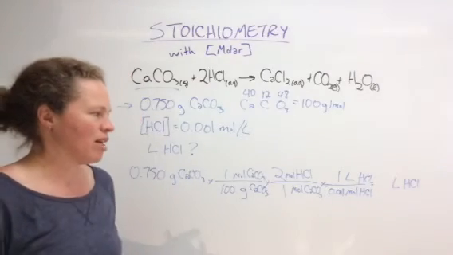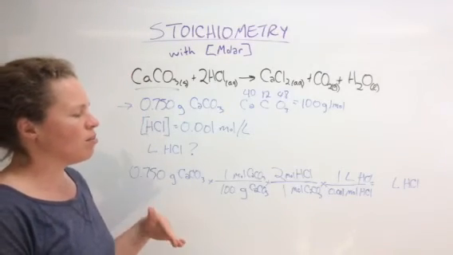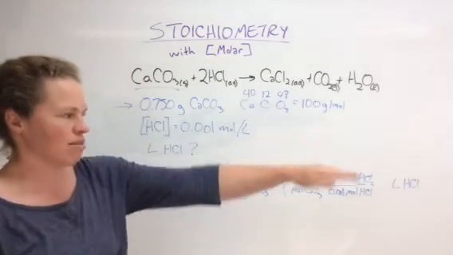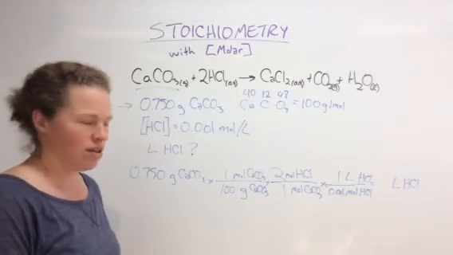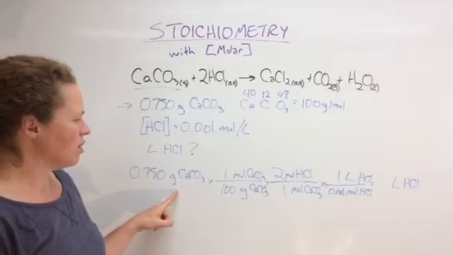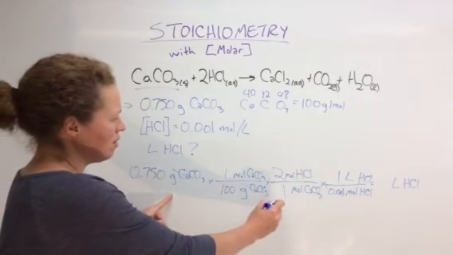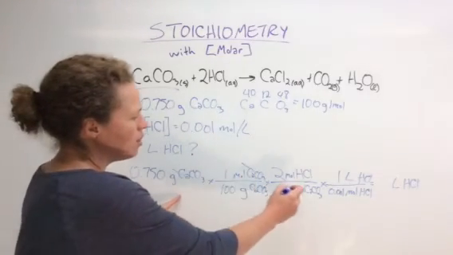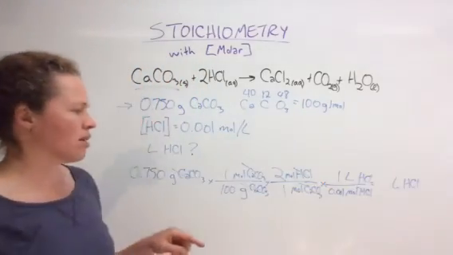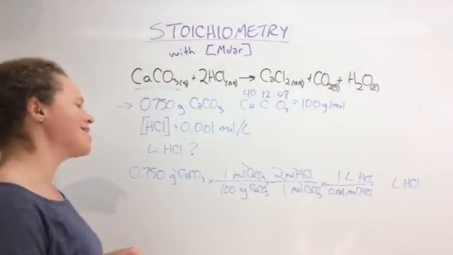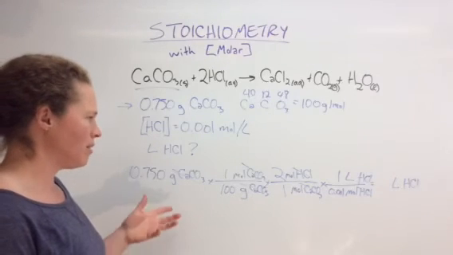So it's self-explanatory when you look at it through the viewpoint of where the units are taking me. Then you don't have to try to memorize the steps or anything, you just follow the units. Now we watch to make sure our units are correct. Grams of CaCO3, moles of these guys, left with liters hydrochloric acid, and bam.